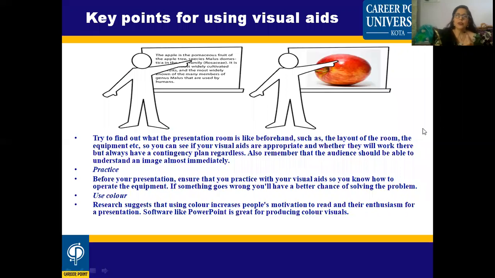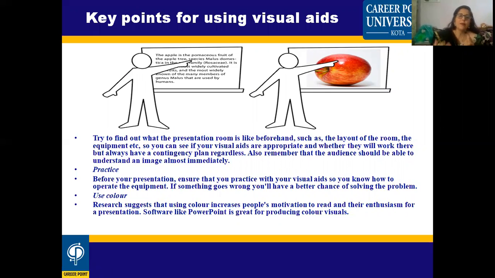Now some key points for using visual aids. You can see the impact here: one person is holding a board on which many things are written, and on another side you can see an image of an apple. So you have definitely received the idea that that person is willing to say something about an apple.